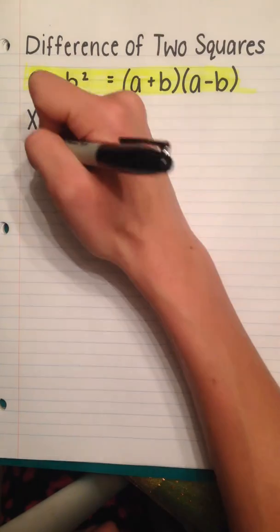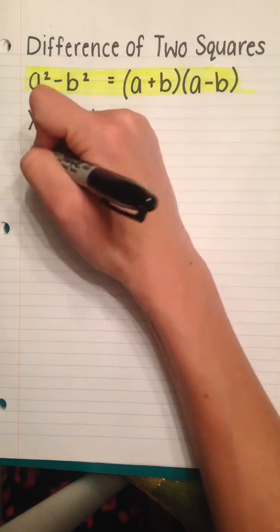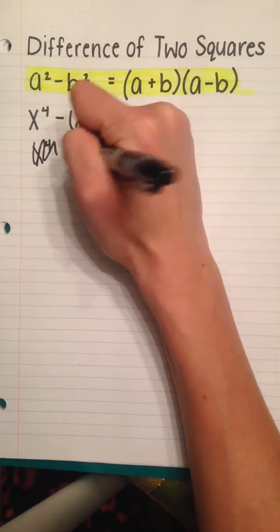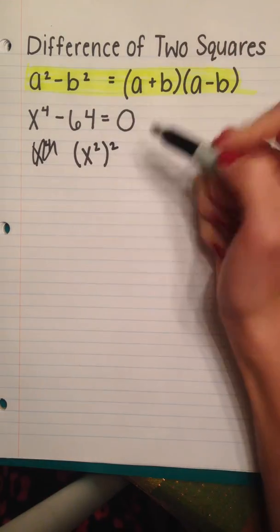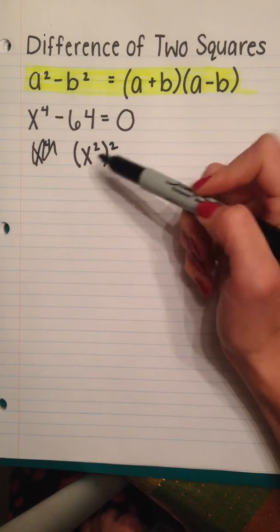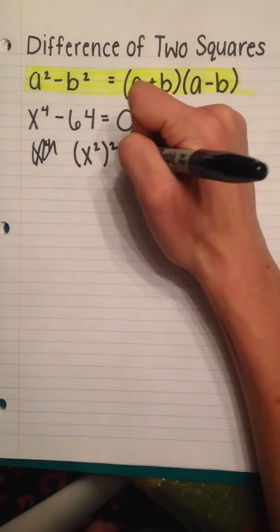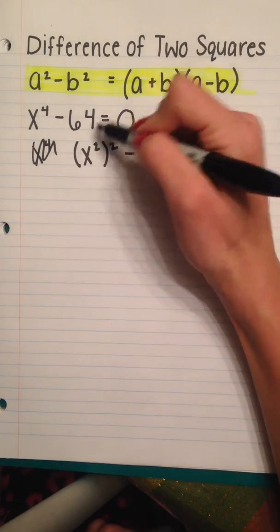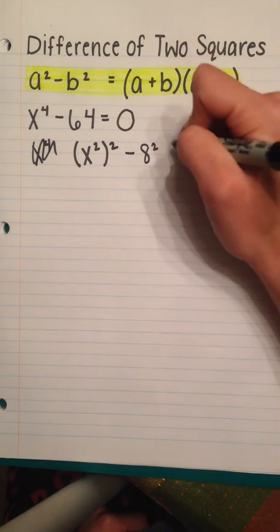So we can rewrite x to the fourth as x squared squared, right? Because using our laws of exponents, we can multiply these two, giving us x to the fourth, which is exactly what we want, minus 8 squared, because 8 squared is 64.